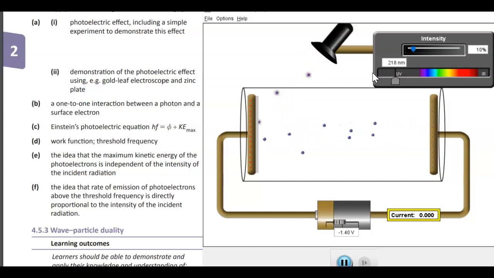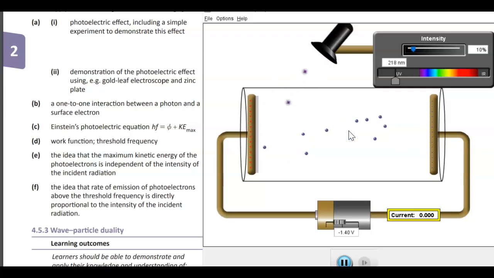However, the fastest of those, the ones with the highest energy, are still the same maximum energy as they were before. So by adjusting the intensity, all I'm doing is varying the number of photons arriving at the photoelectrode, therefore the number of photoelectrons.